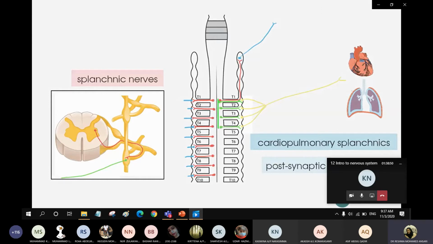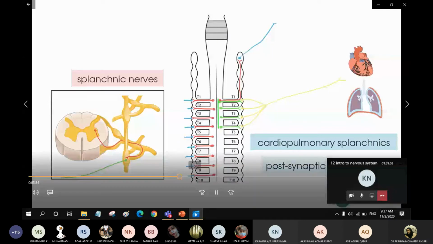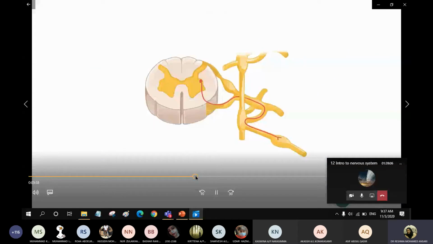The third one is the abdominopelvic. The abdominopelvic outflow passes via the white rami communicantes, does not synapse there, and goes to the ganglia near the organs and then to the abdominal and pelvic organs.